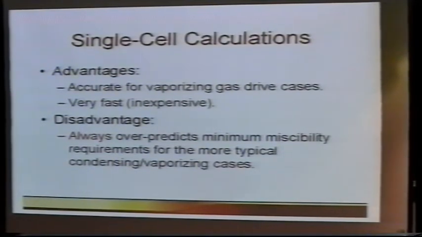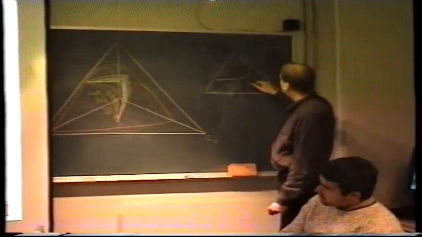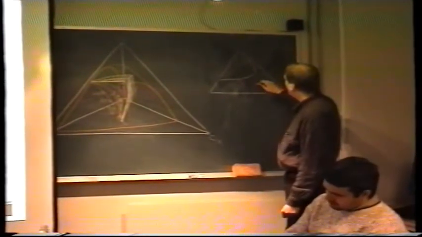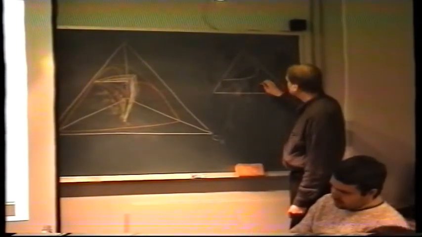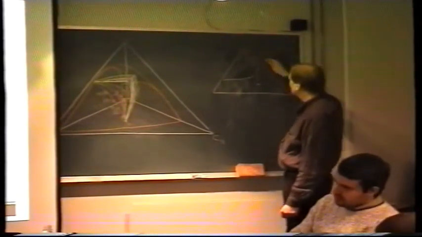Basically the idea behind these single cell calculations is you assume you have a pseudo-ternary type system, and you have your oil here and you have your injection gas here.